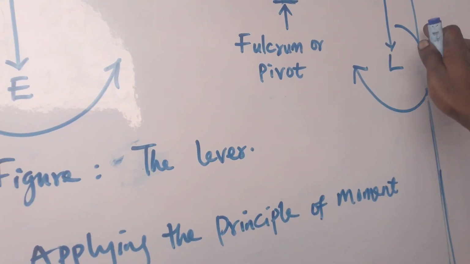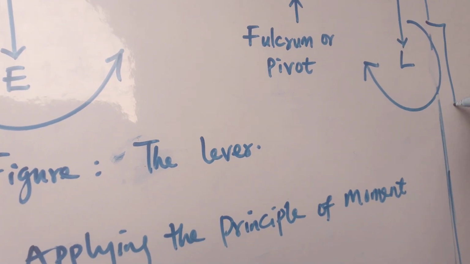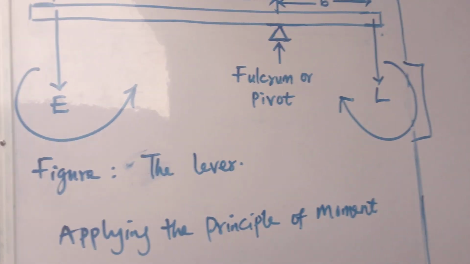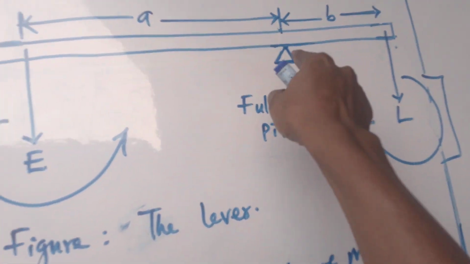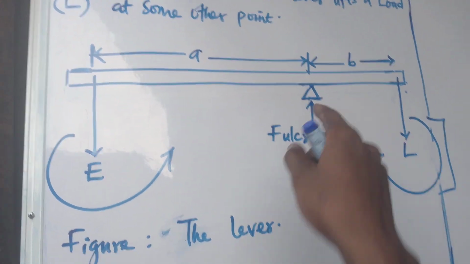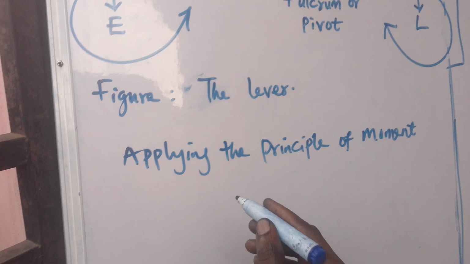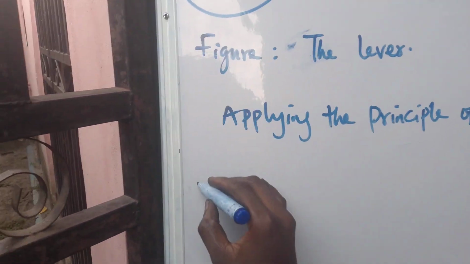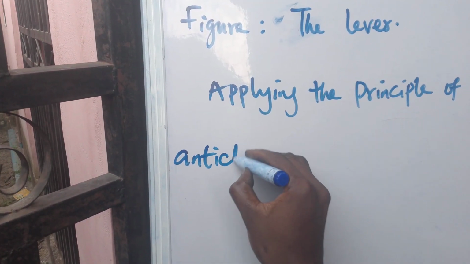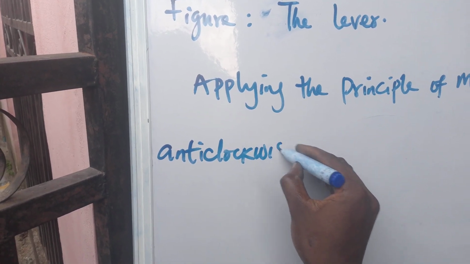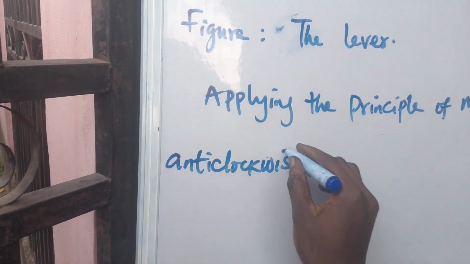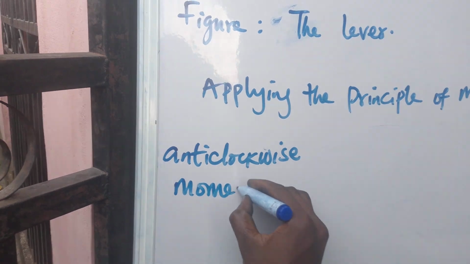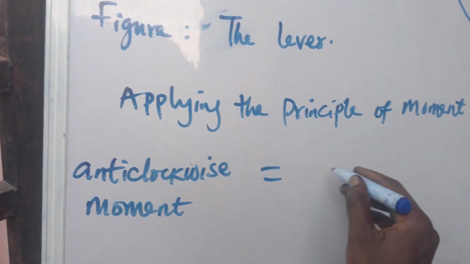So this will go clockwise with respect to this pivot, and this will go anti-clockwise with respect to the pivot. So I'll say anti-clockwise moment is equal to clockwise moment.